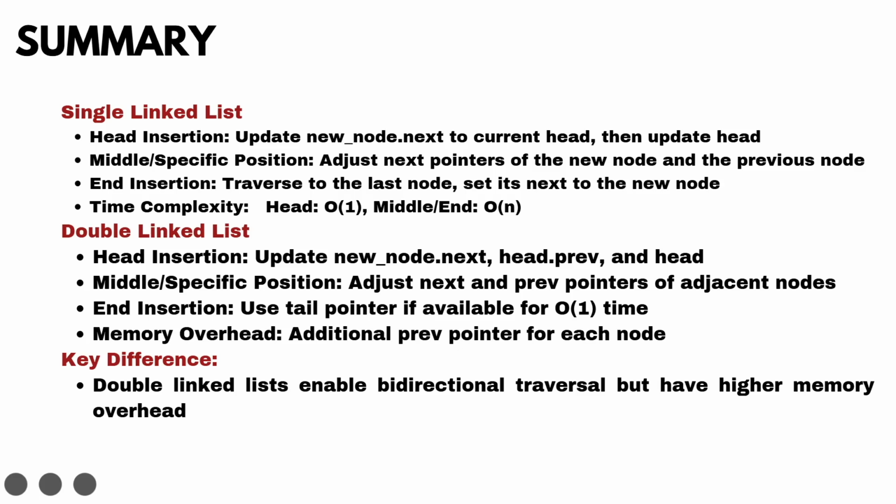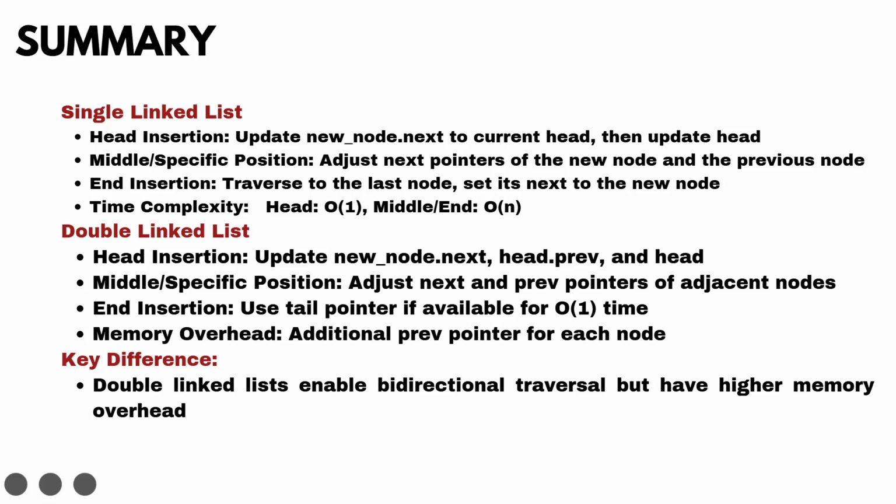So, when we talk of time complexity, if we do insertion at head as well as at the end, it is going to take us a constant amount of time, and so we say it is order of 1, because irrespective of the number of nodes in that list, insertion at head and end, that is the first position and the last position, would take a similar time, and we say it is constant, and so it is order of 1.